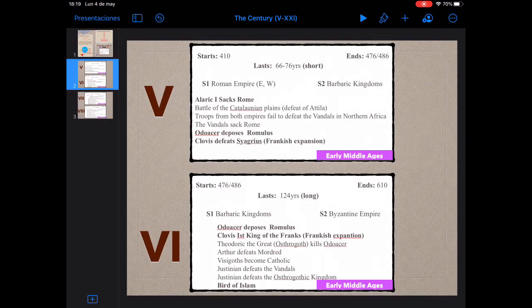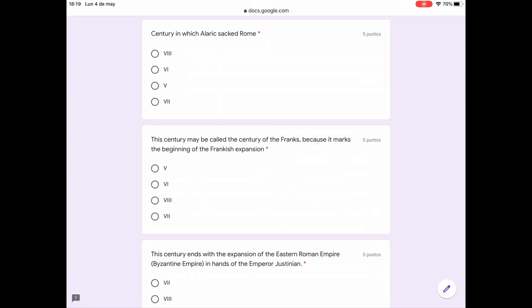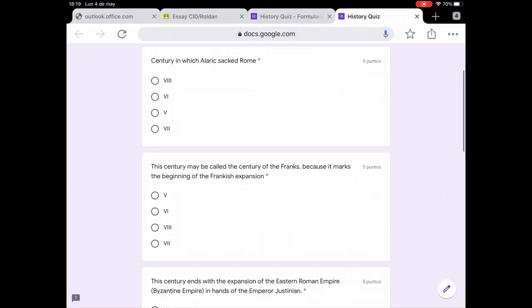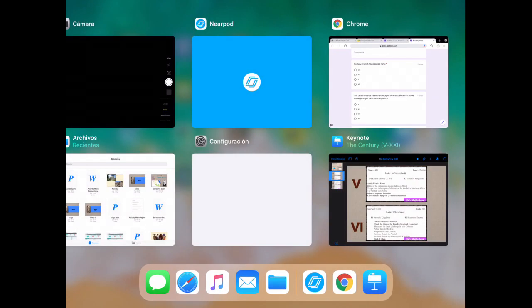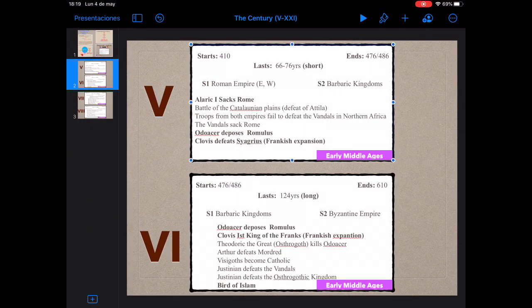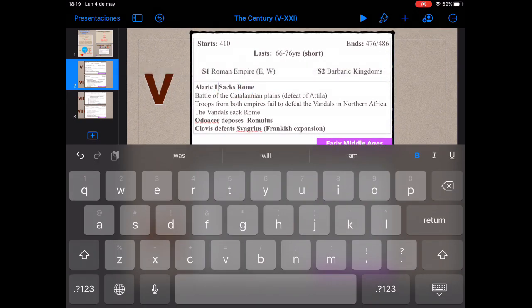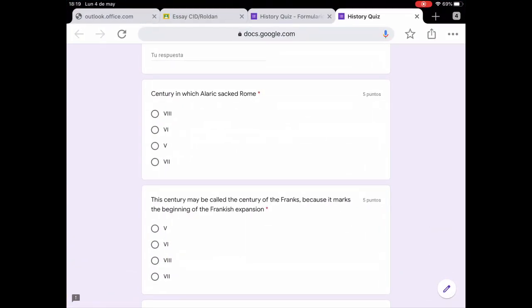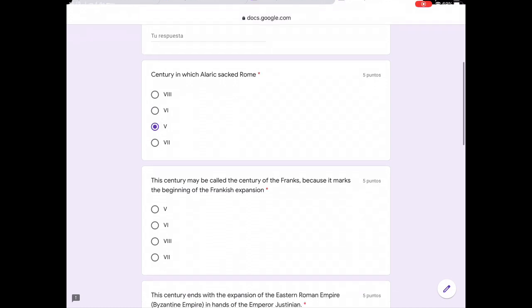And as you see over here, the first question is in which century did Alaric sack Rome? In the 5th century, Alaric sacks Rome. You can see right over there, right? So the answer to this one is 5. There you have it.